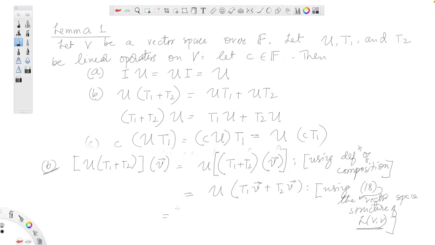Now U is a linear operator, so this is a vector in V, this is also a vector in V, and we can write it as U of T1 v plus U of T2 v, since U is linear.